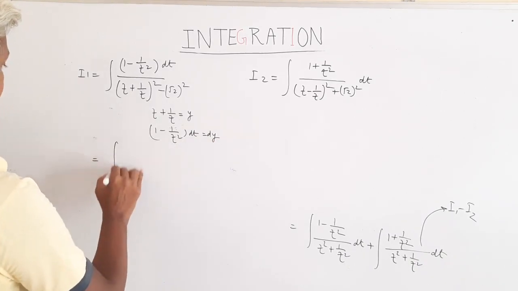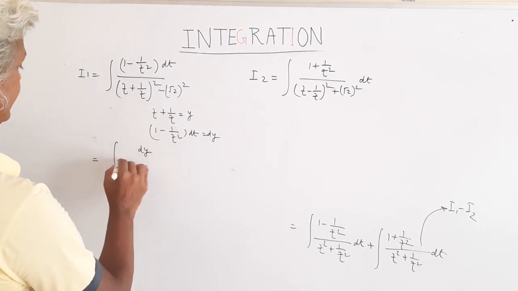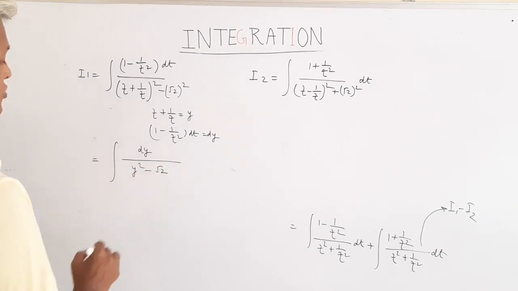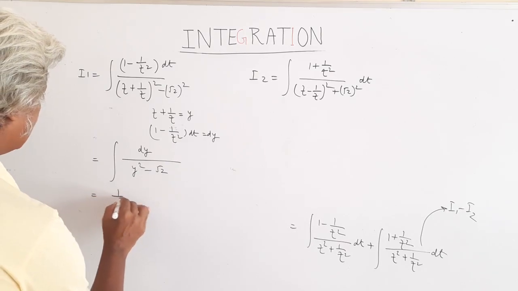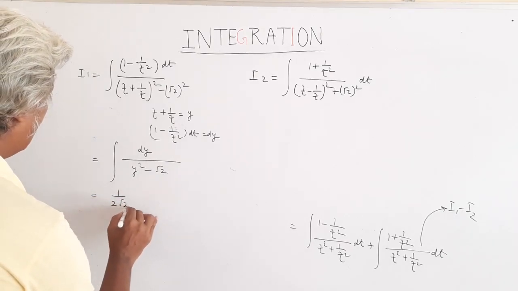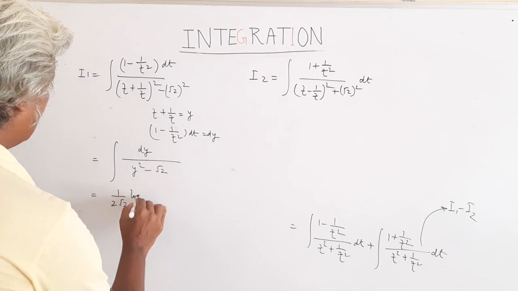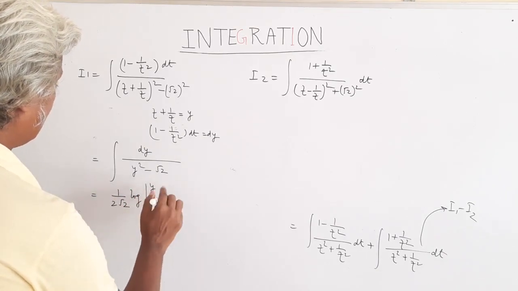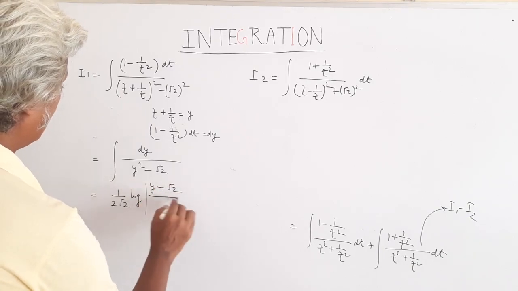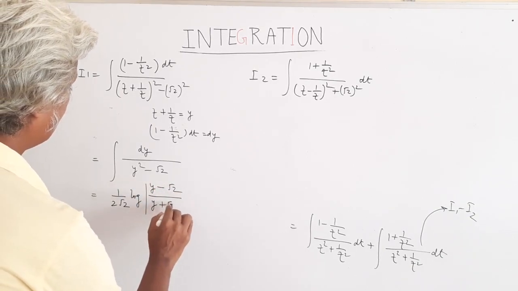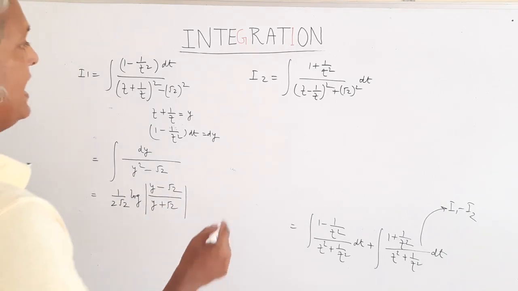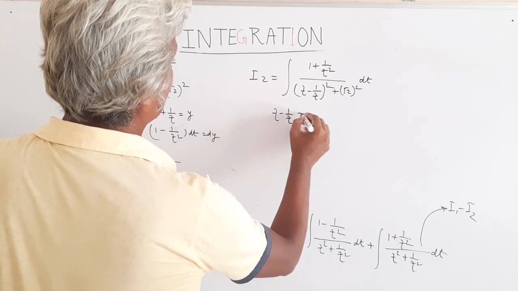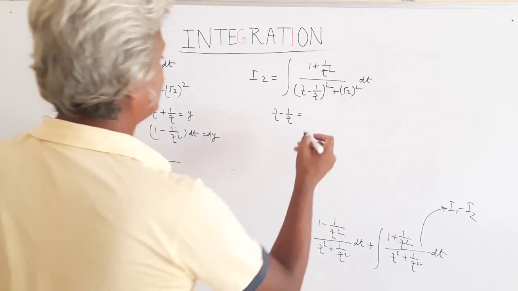So this is the integral of dy over y square minus root 2, and this gives me the answer 1 over 2 root 2 log mod y minus root 2 upon y plus root 2. And here if I take t minus 1 by t as x, I am returning back to x.